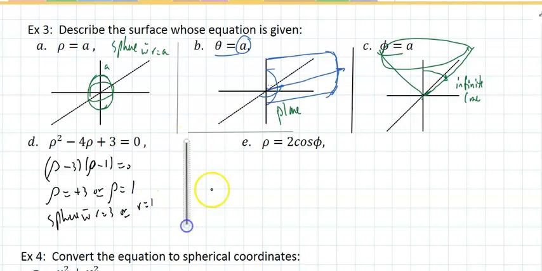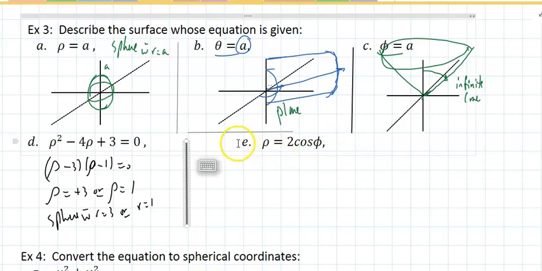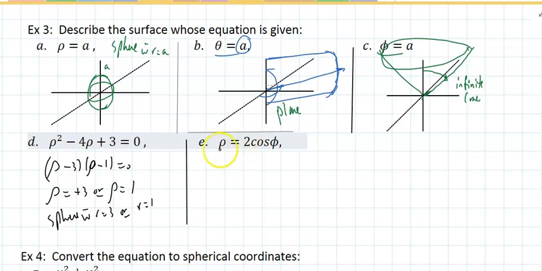And if I was to say, what is that the graph of? Well, we know how that works. If I multiply by rho, I'll get rho squared equals twice rho the cosine of phi. That is x squared plus y squared plus z squared equals twice, and that's z.